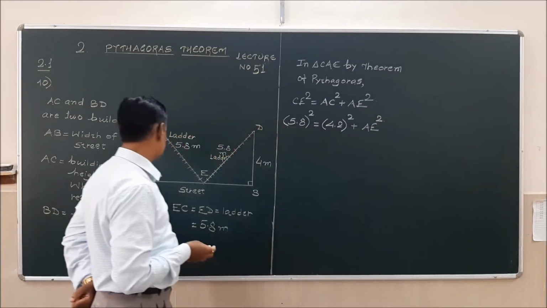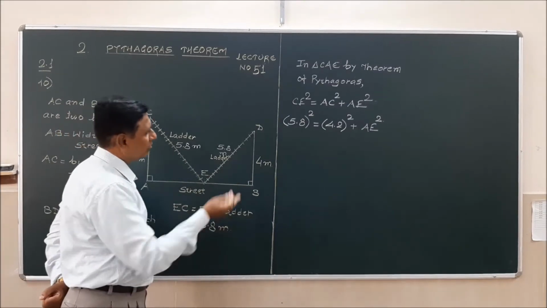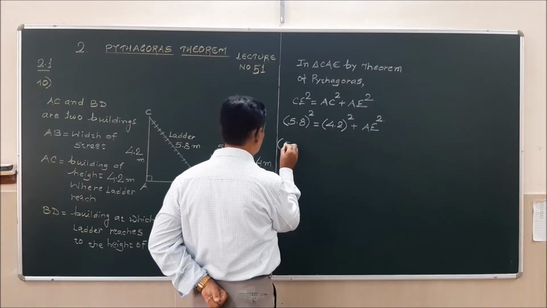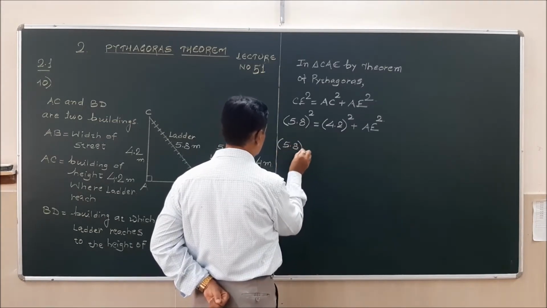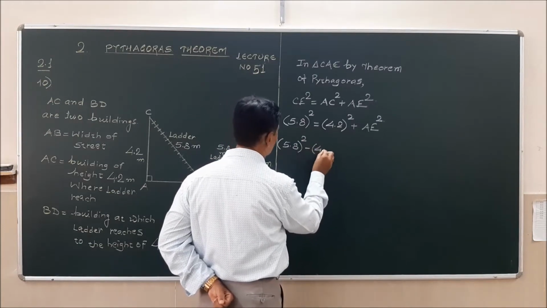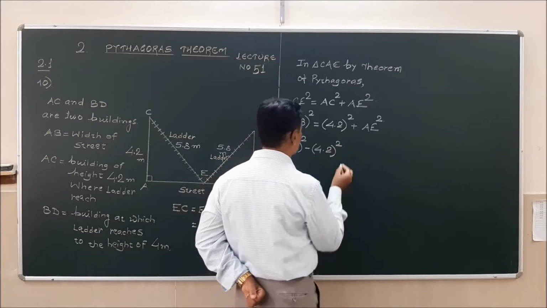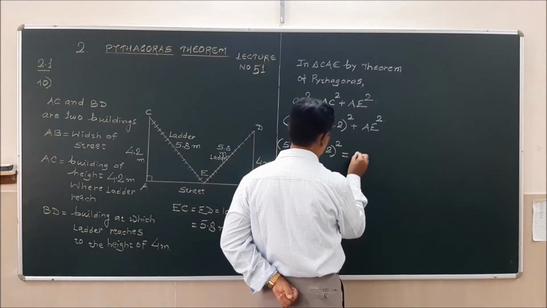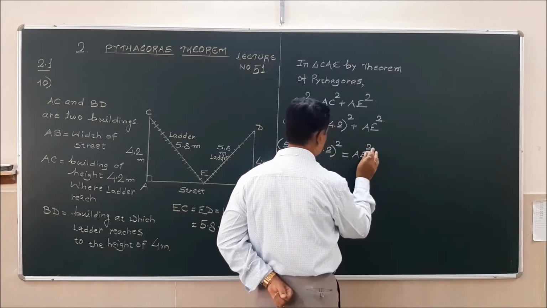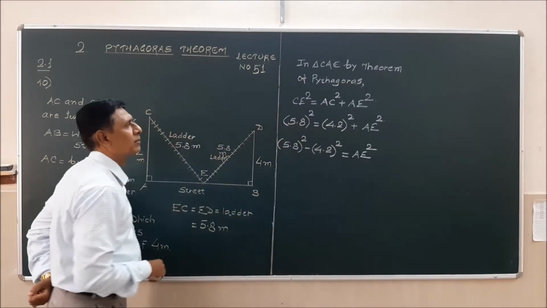So we have to get now the value of AE square. From that point of view, you can transfer this to the left hand side. So 5.8 square minus 4.2 square is equal to AE square.